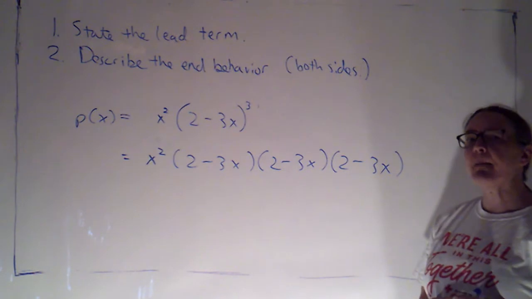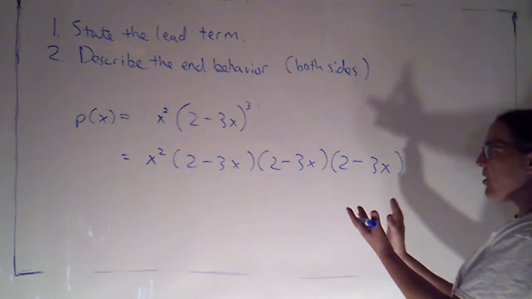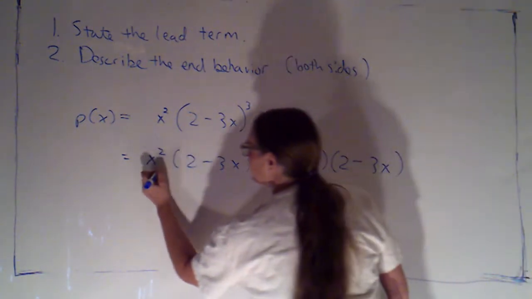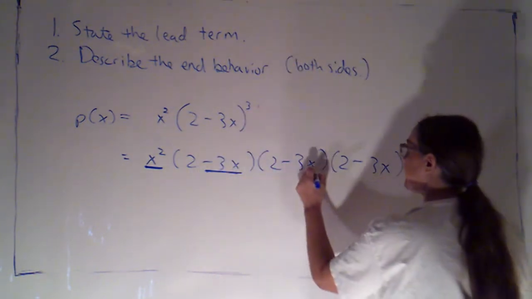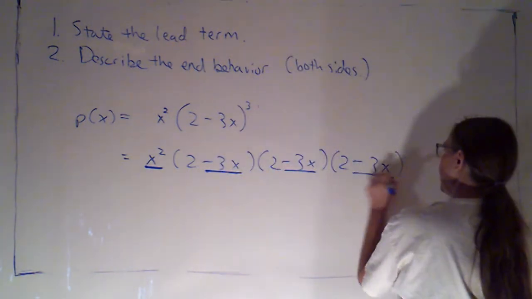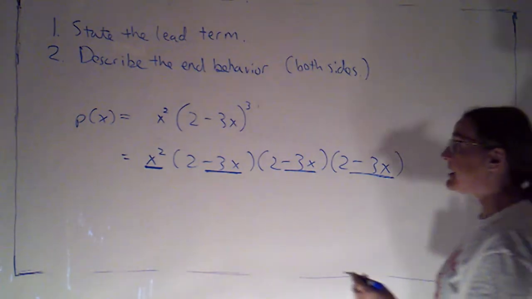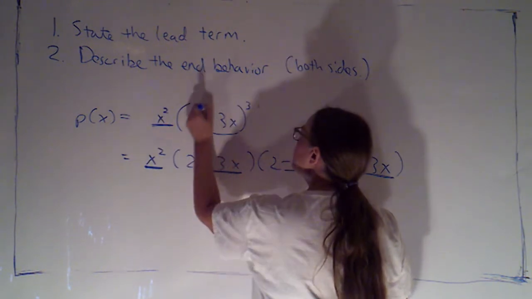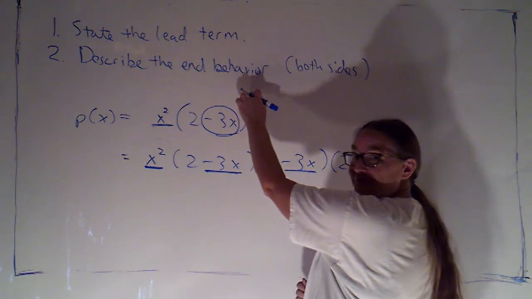What's going to give me the biggest power is going to be if I'm always multiplying every piece with an x in it. So if I multiply the x squared by the negative 3x, by the negative 3x, by the negative 3x, notice that would just be x squared, and then the lead term here, negative 3x cubed.